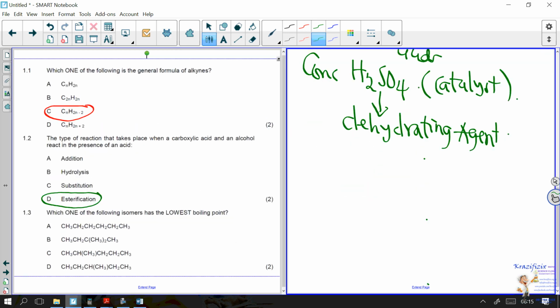1.3. Which one of the following isomers has the lowest boiling point? Lowest boiling point. What you need to do is to quickly check the structure.